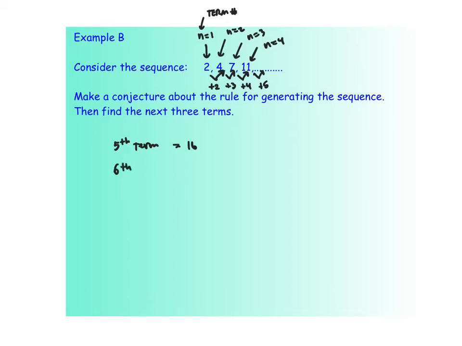Our sixth term, following the same pattern, we're going to add 6, which would be 22. And our seventh term, we would add 7 to give us 29. Okay, so let's move on to another example and do something very similar.